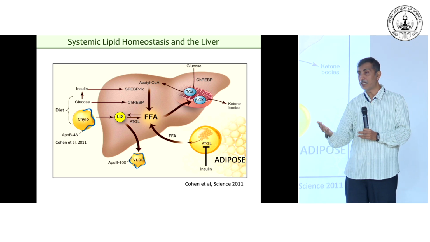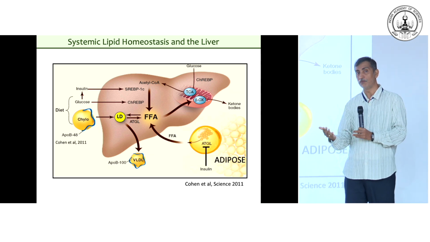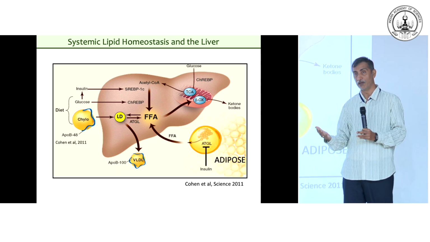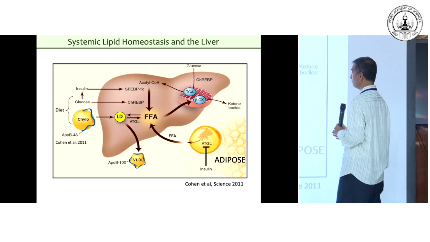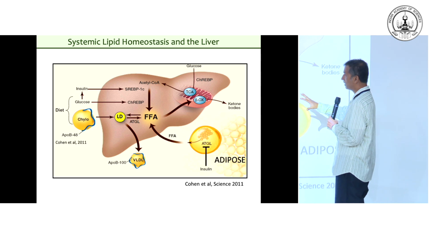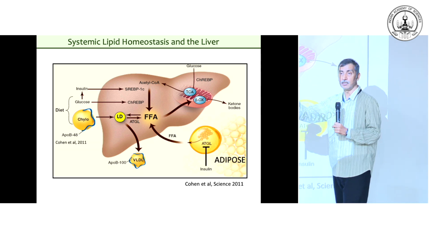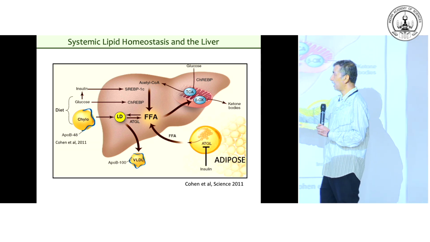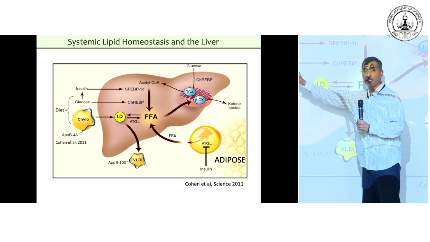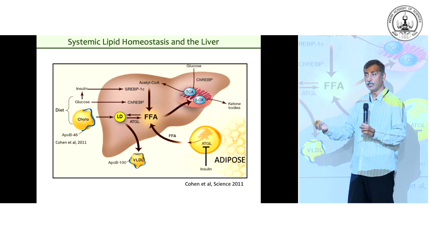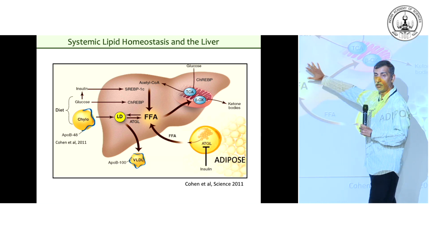That fat, cholesterol, all of this is controlled by your liver, because the liver also makes cholesterol and glucose, as you know. Coming to fat, the fat that you eat in your burgers comes from your diet, and that fat is secreted out from your intestine and eventually goes to your liver.